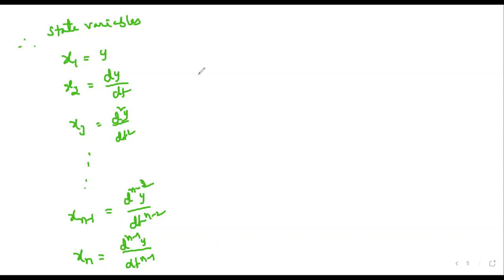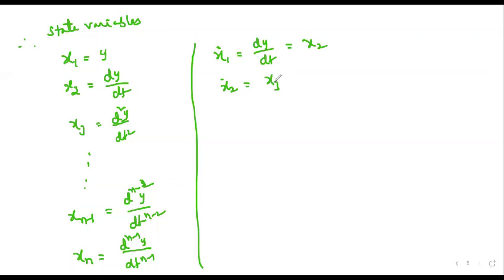Okay. Now, from this, what is x1 dot? dy by dt, that is equal to x2. x2 dot is equal to x3. x3 dot is equal to x4, and so on. xn minus 1 dot is equal to xn.